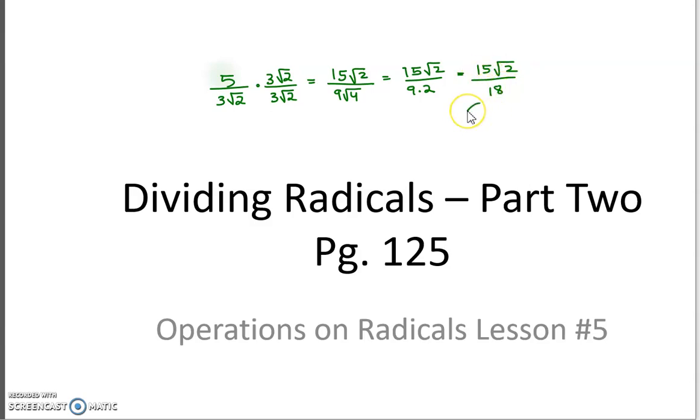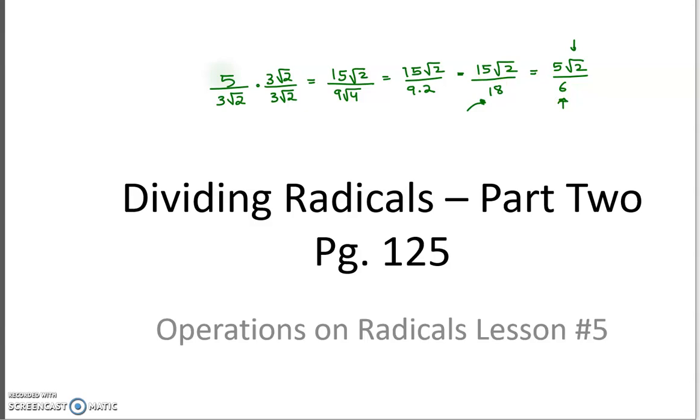Our main idea at this point is that we have done rationalizing, but we will always reduce it further. Both can be divided by 3, so it gives you 5 root 2, and it gives you 6 here, and that's it. You can't reduce the 2 and the 6 because this is a radical number and this is a whole number. So remember the rules of division: radicals divide radicals, whole numbers divide whole numbers.